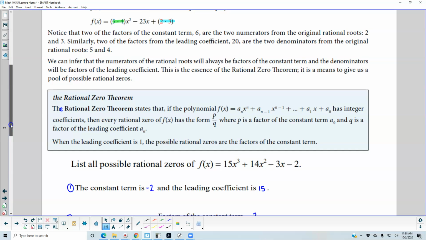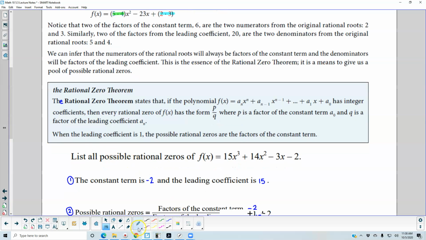So, for this example, it says, list all the possible rational zeros of the function 15x cubed plus 14x squared minus 3x minus 2. So we need to identify what is the constant term and what is the leading coefficient. Well, we can see here that the constant term is negative 2, and then we can see that the leading coefficient is the value of 15.